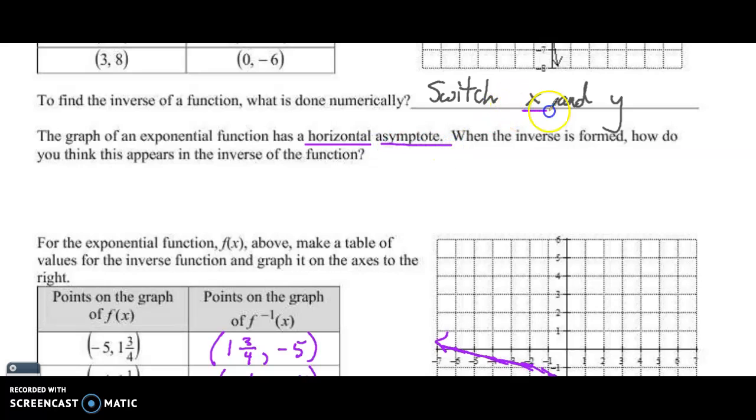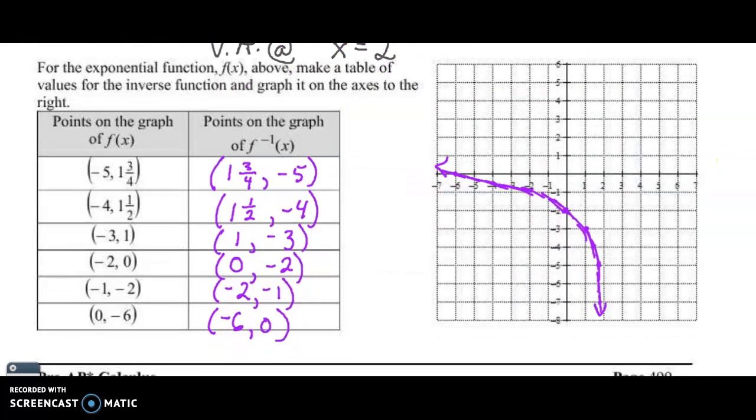Well, remember, if we're switching x and y, that should make sense that the horizontal asymptote at y equals 2, we switch it to be x equals 2. Well, now if it's x equals, it must be a vertical asymptote. And that's what I was trying to convey on this problem, is that I have a vertical asymptote right here at x equals 2.